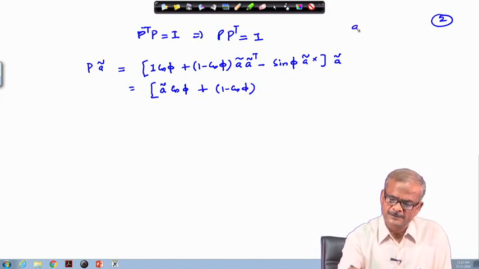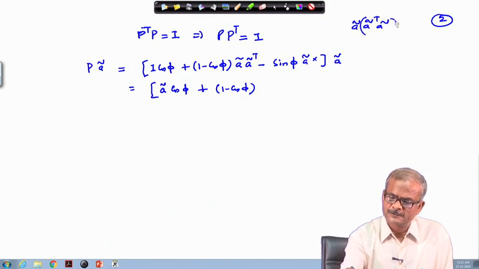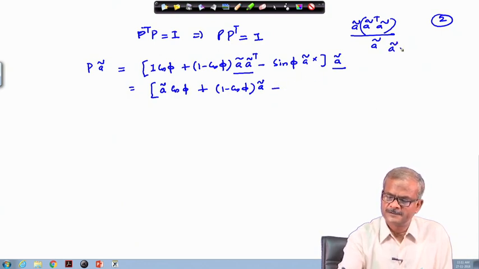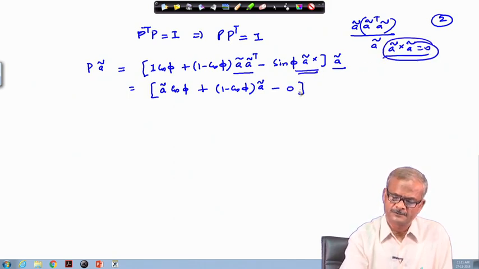Here we have 1 minus cos phi, and we will use the property of A tilde transpose A tilde. Because this is a unit vector, this gets reduced to A tilde. Already we have discussed that A tilde cross A tilde equals 0, and therefore this term gets reduced to 0.